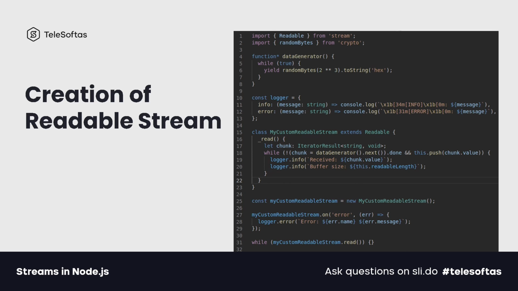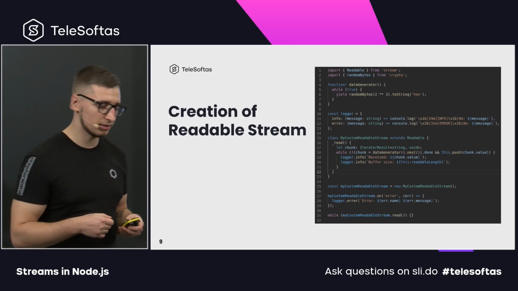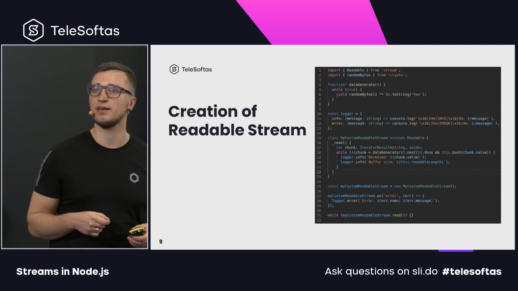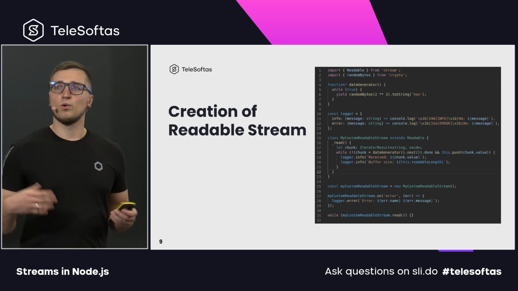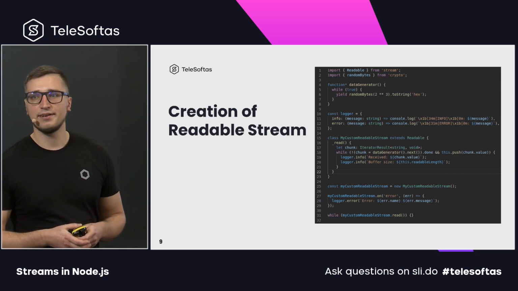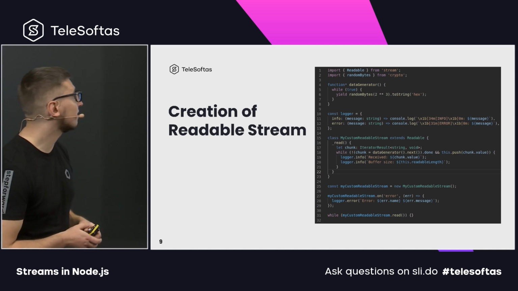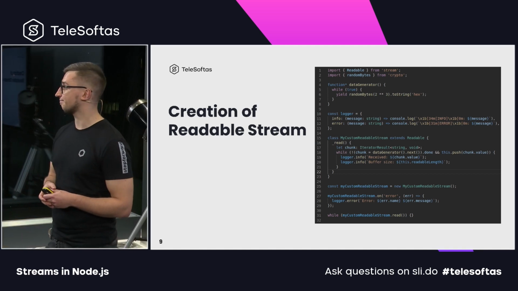So we are creating my custom readable stream in this example, and in order to create a custom readable stream, we need to implement the _read method. The underscore read method is a core method for a readable stream. However, it also has some other important methods which can be implemented, such as underscore destroy, etc. So what we are doing in this example, we are defining a chunk and we are saying that the chunk is an iterator result of a string.